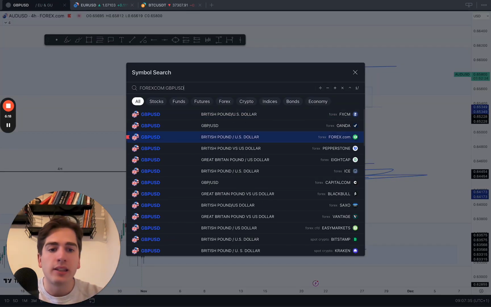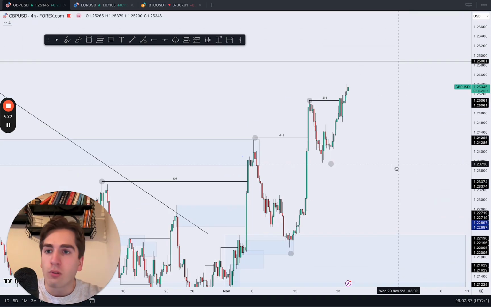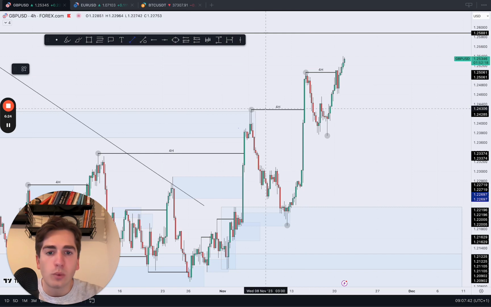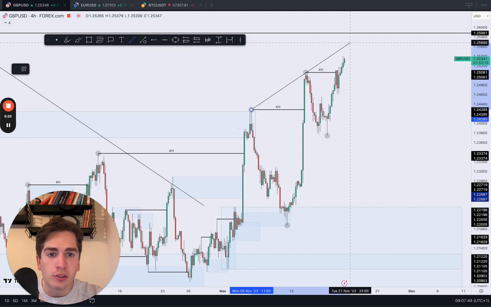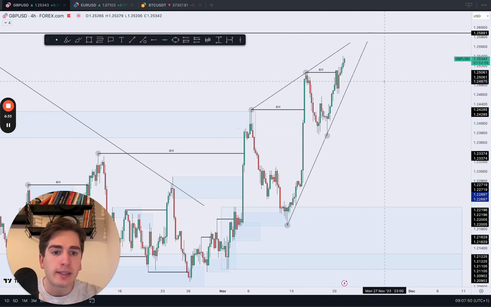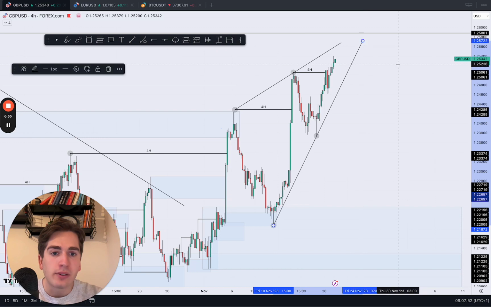So GBPUSD over here, from a 4 hour perspective, we can see we're just moving up higher. Again, I think we are looking at this very similar to EURUSD, kind of this ascending wedge formation that I'm looking at and focusing on at the moment. So I do expect a deeper correction to take place very, very soon.